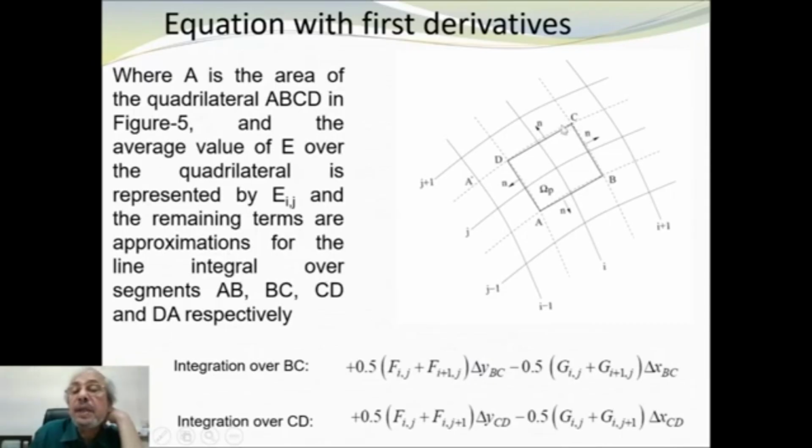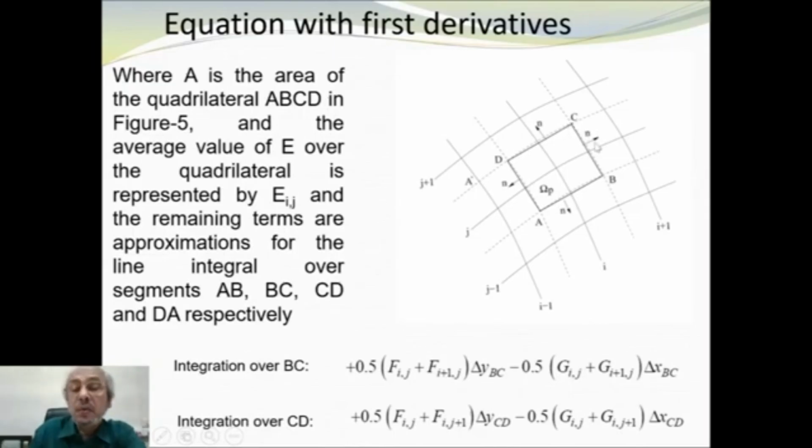Delta Y BC will be the y coordinate of C minus the y coordinate of B, and this will be multiplied with F, the value of F defined here, or whatever is the representative value of F on BC. This is basically Fij plus Fi plus 1j by 2, multiplied by the projection in the x direction.